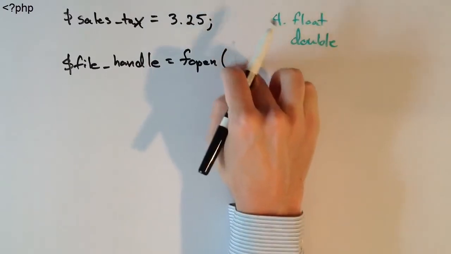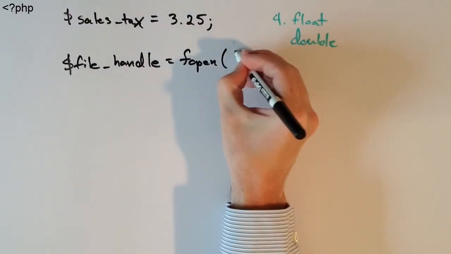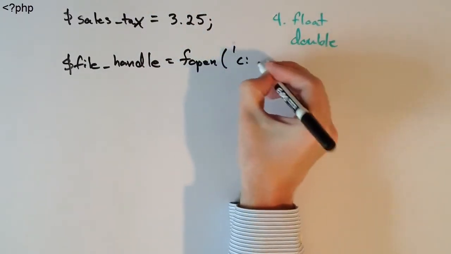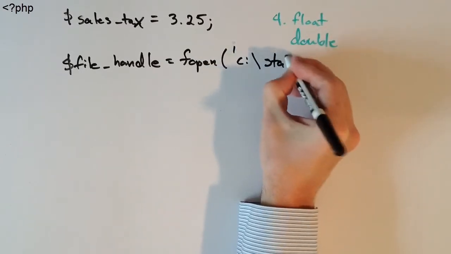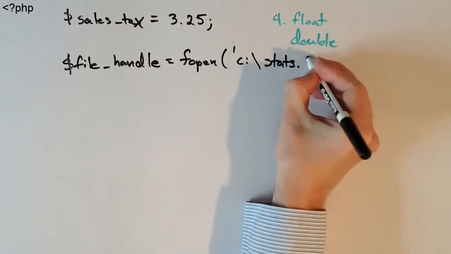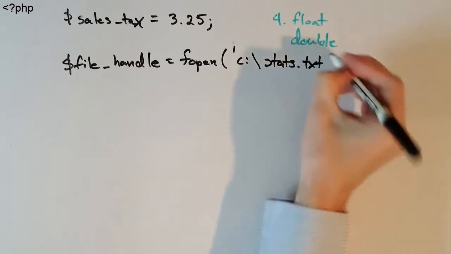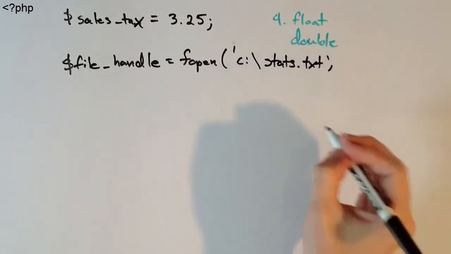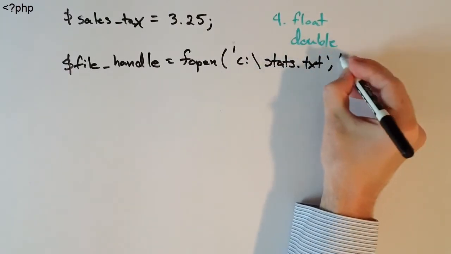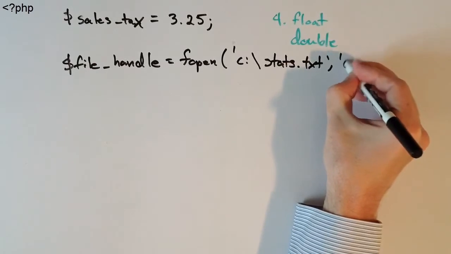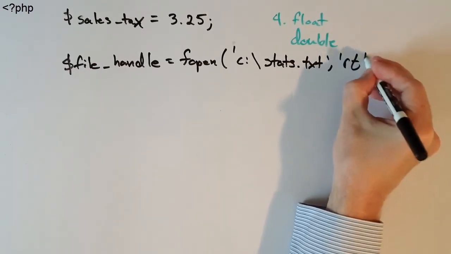I'll do single quotes, C:, I'll call it stats.txt. And I'll tell it to open it as read-only and that it's a text file.